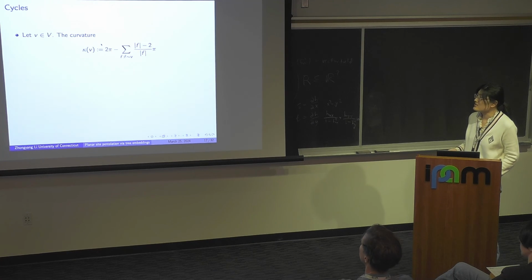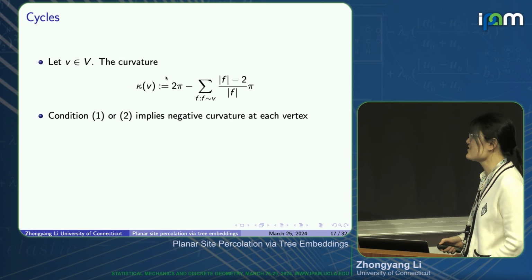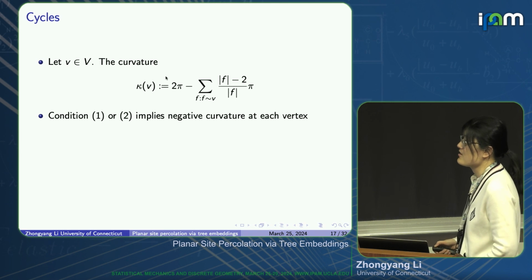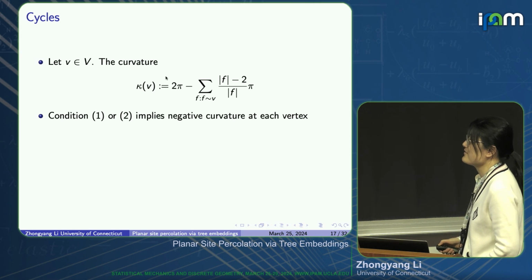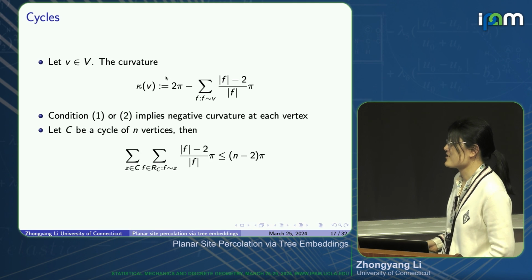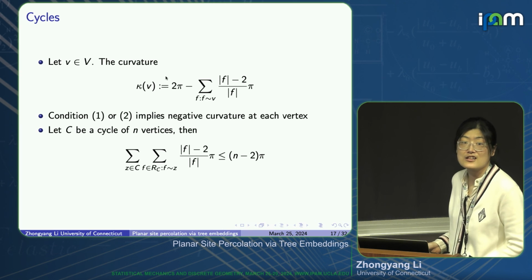Okay, so you define such a discrete curvature, and if either condition 1 or condition 2 holds, where condition 1 is vertex degree at least 7, and condition 2 is vertex degree at least 5 and face degree at least 4, then we have negative curvature at every vertex. Using the negative curvature assumption, we can show that any cycle must satisfy this inequality.